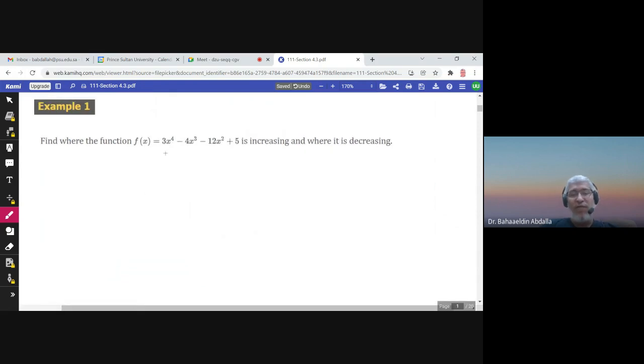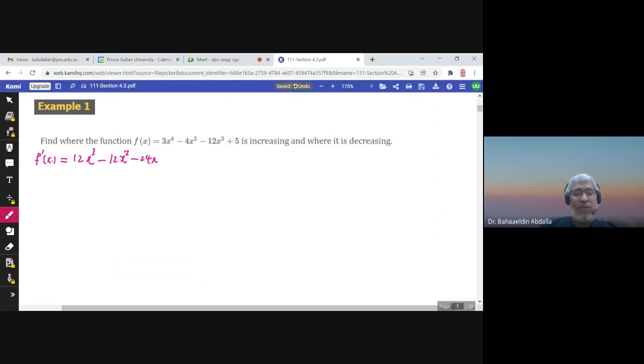Find where the function f is increasing and where it is decreasing. To answer the question, I need to find f prime. F prime is 12x cubed minus 12x squared minus 24x.